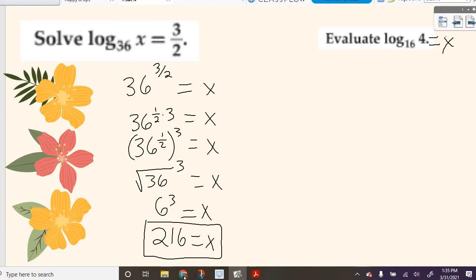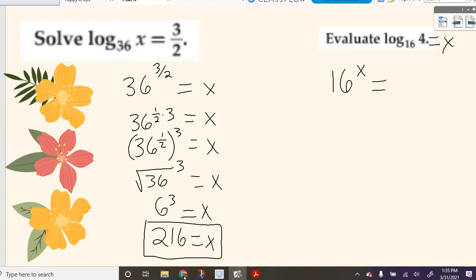And again, we're going to use that same technique of switching my logarithmic form to an exponential form and see if I can solve it from there. Again, remember, my base of my logarithm becomes my base of my exponent. Then logarithms equal exponents. So that means that x is going to be our exponent.